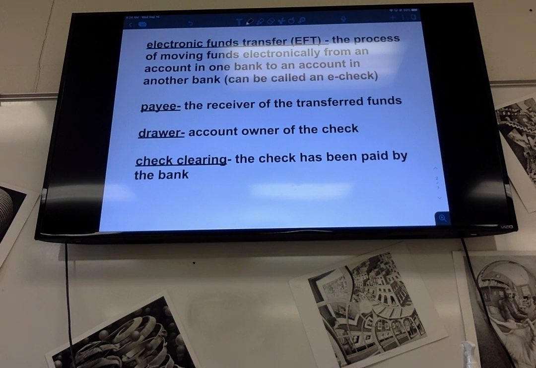And the check clearing, when the check has actually been paid by a bank. Sometimes even if it is an e-check, it takes a little bit of time before it actually transfers the money from your account to, say, Craighead Electric. If it's an e-check, it's usually done within 24 to 48 hours. If it's an actual check, it can take a few weeks.